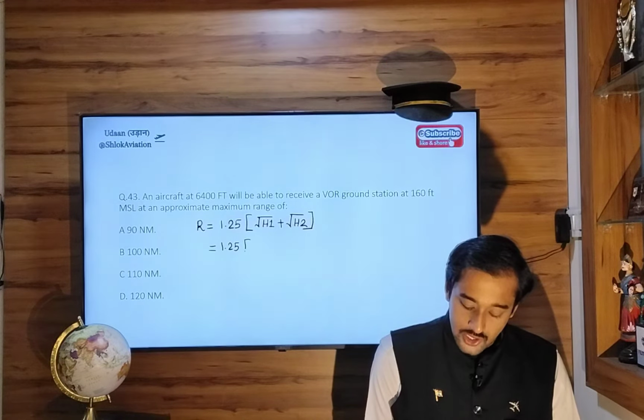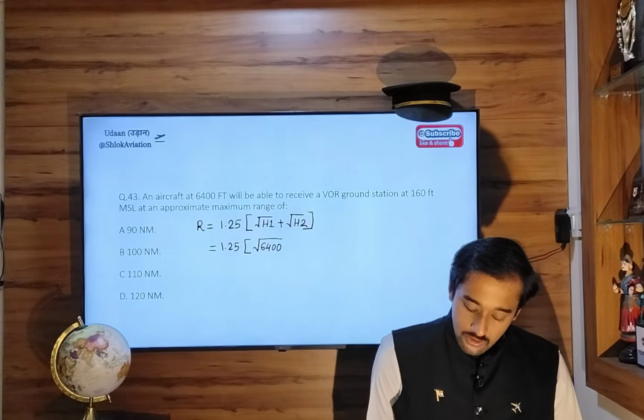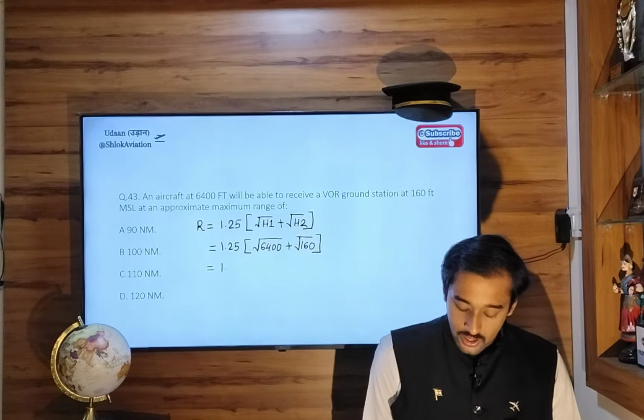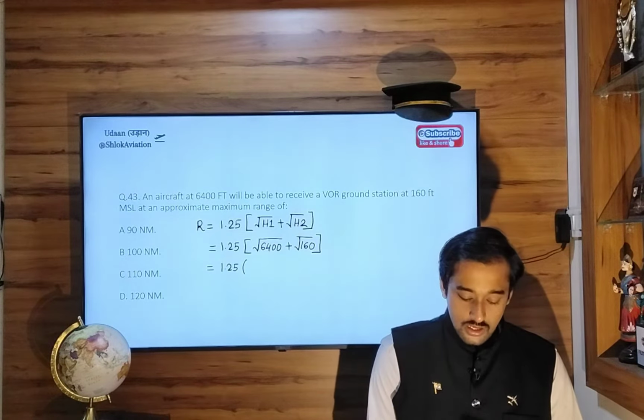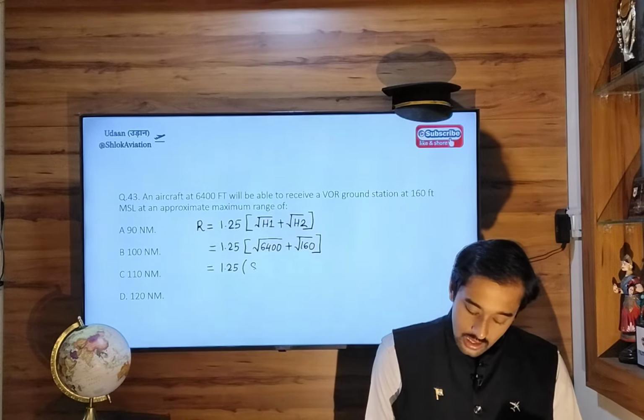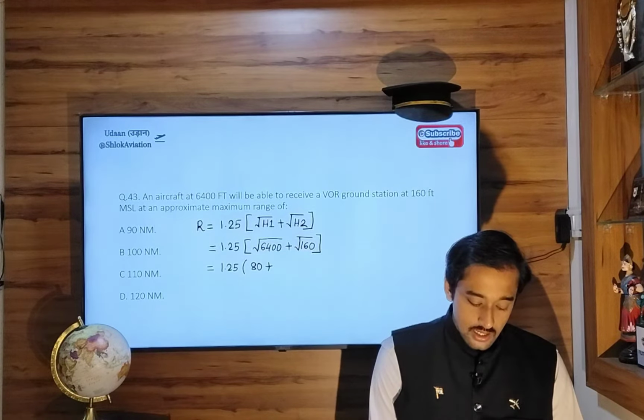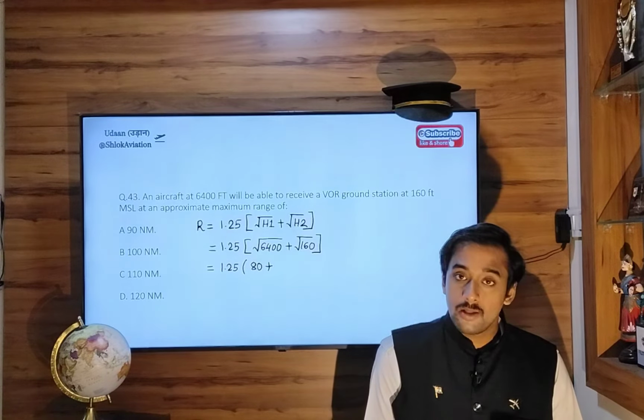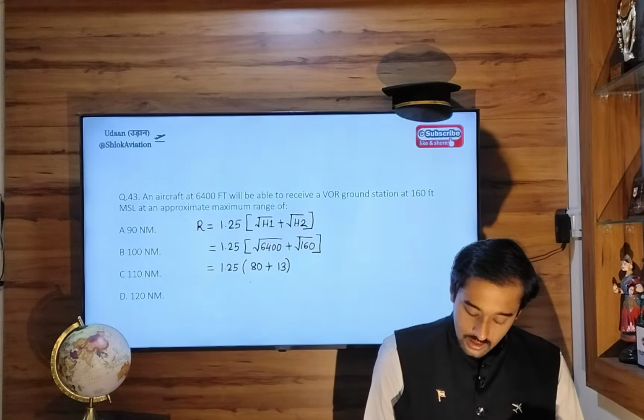1.25, substitute the values: in place of h1, 6,400; for h2, 160. So 1.25 into square root of 6,400, which is equal to 80. Square root of 160 will be 12.6 or 13.